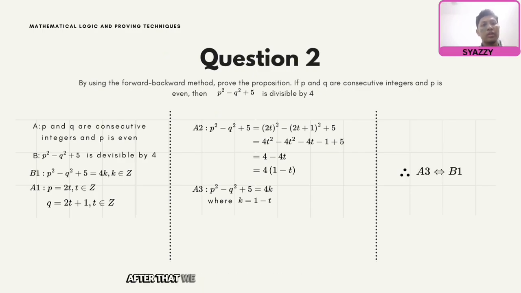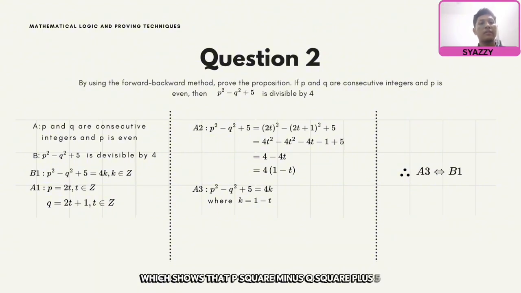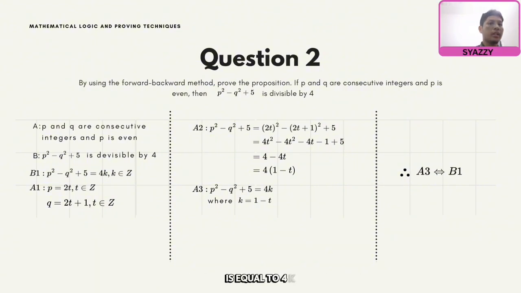After that, we have to change the shape of the answer by taking out 4 to get the value of k, as you can see in A3, which shows that p squared minus q squared plus 5 is equal to 4k, where k is equal to 1 minus t. Therefore, A3 is logically equivalent to B1.